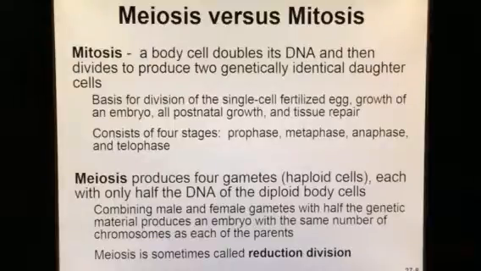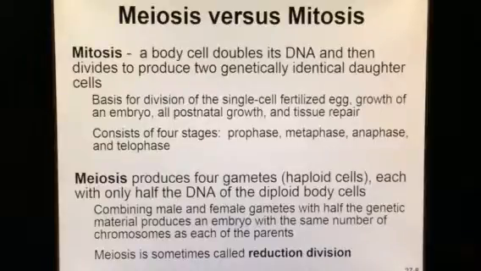It goes through the 4 stages: prophase, metaphase, anaphase, telophase, just once, and then there's 1 cell division at the end. Whereas meiosis produces 4 cells instead of 2, and they are called gametes. They are sex cells because they are haploid, which means they have half of the chromosome number of the full set.